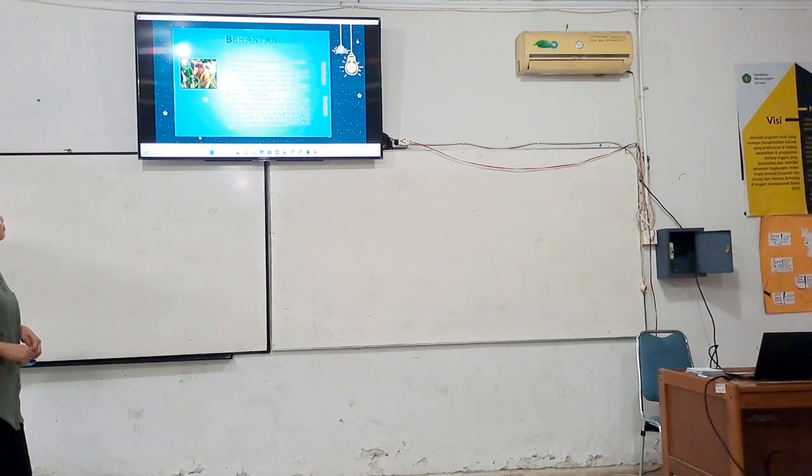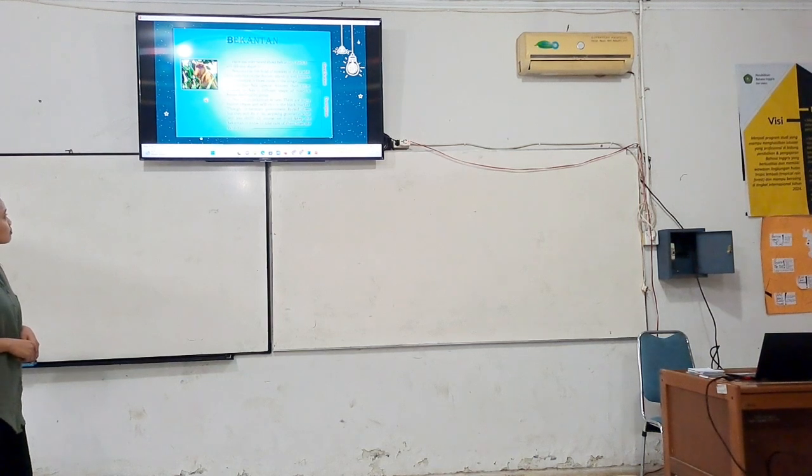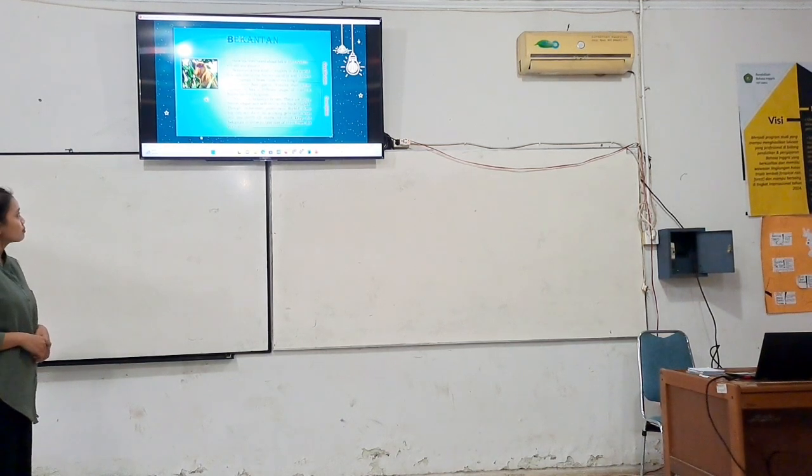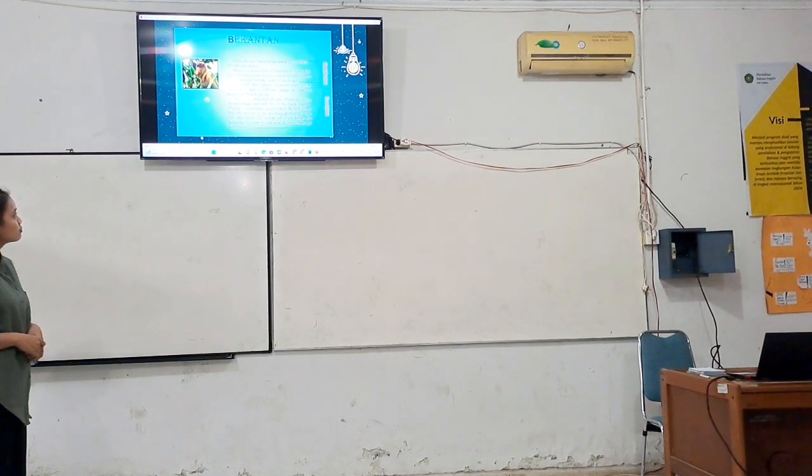Bekantan is one kind of monkey in the world. It only lives in the Borneo Island, or well known as Kalimantan. It lives inside of the jungle. Bekantan has special features than other monkeys. It has a different shape of nose. It hunts the food by group. Nowadays, bekantan is rare.